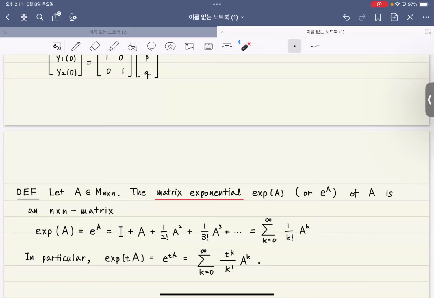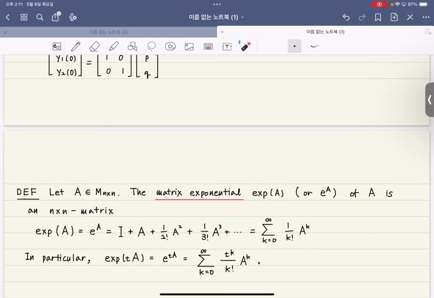So what is this? The matrix exponential is another n by n matrix, right? So if A belongs to n by n, then this also belongs to n by n, right?